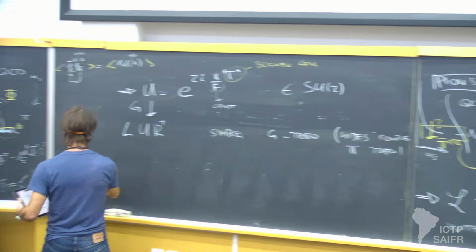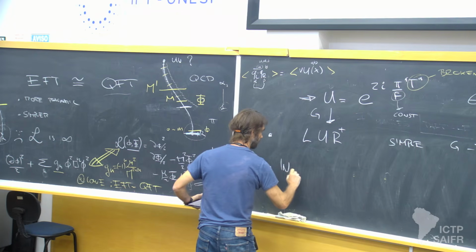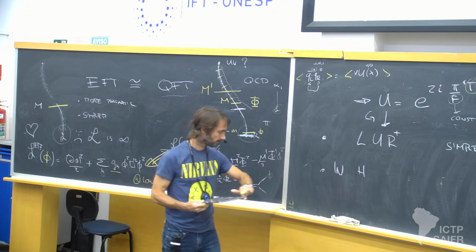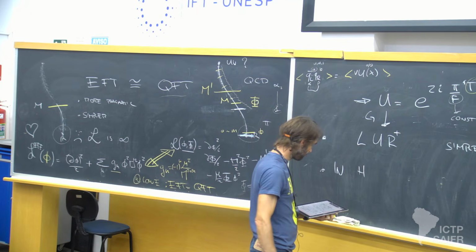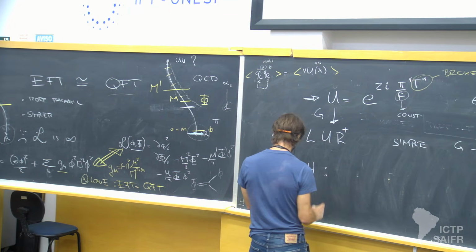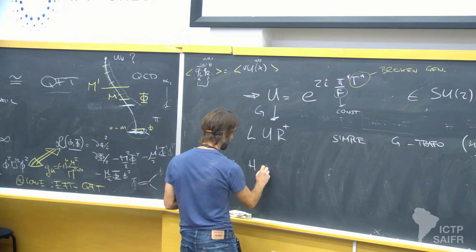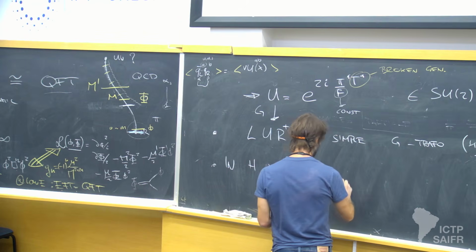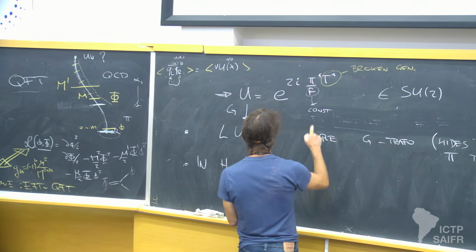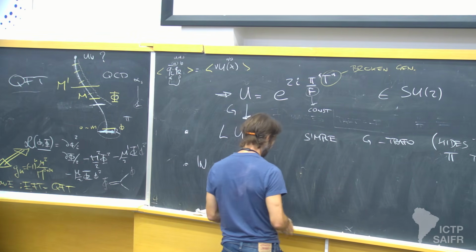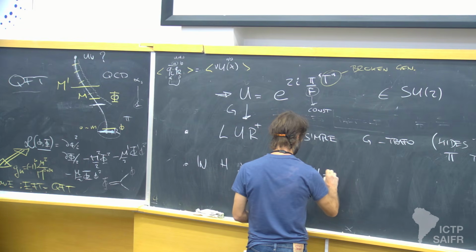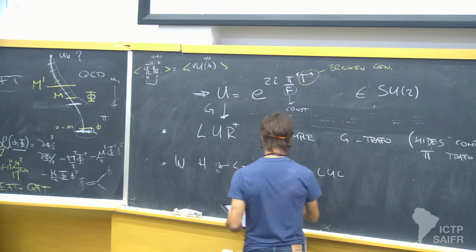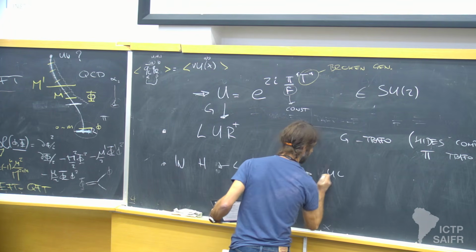Now, when you apply an element of H, this thing transforms. H is defined by the fact that left and right are the same. And what you find is that your U transforms like this, if we call this H for later definition.